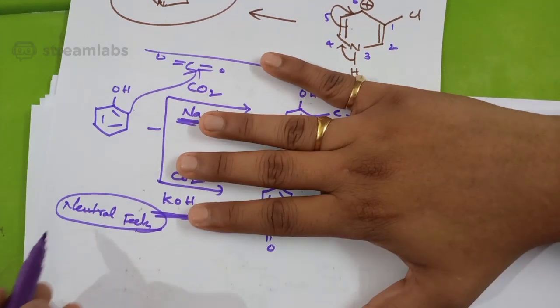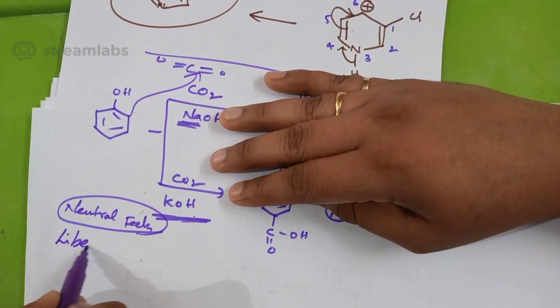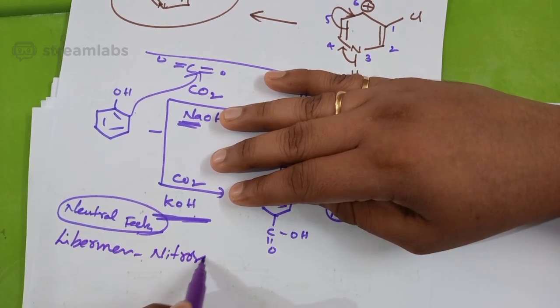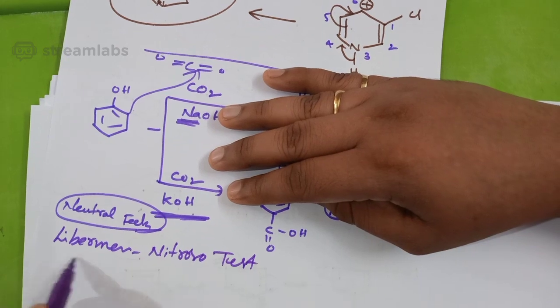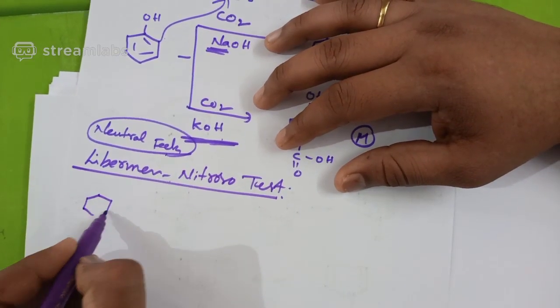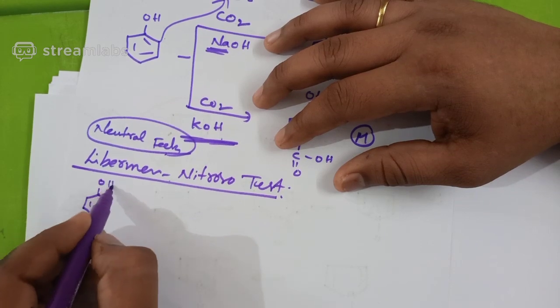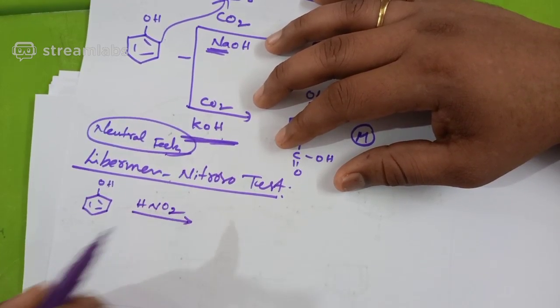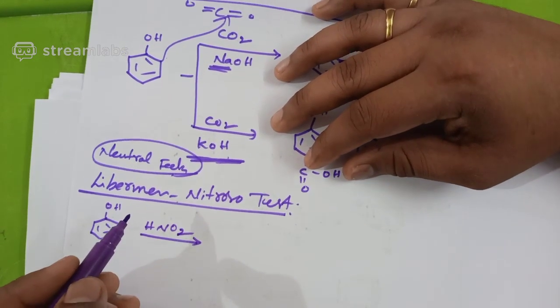And the third one is the Liebermann nitroso test. It's the last test for phenol. Okay, I'll give you. It's very simple. First we need to take phenol. It is treated with HNO2, not HNO3. HNO3 gives NO2, right?